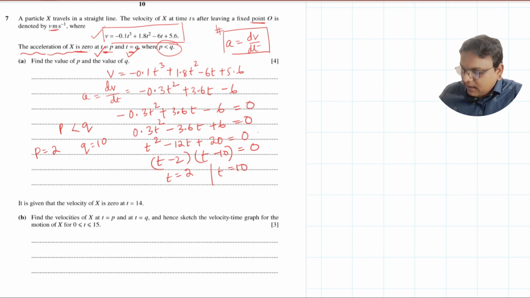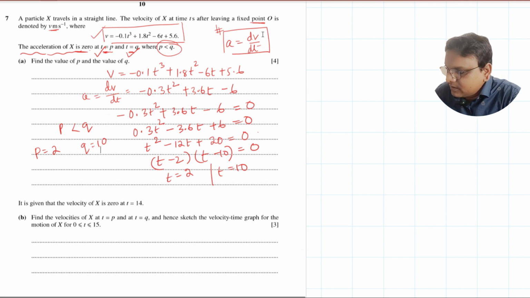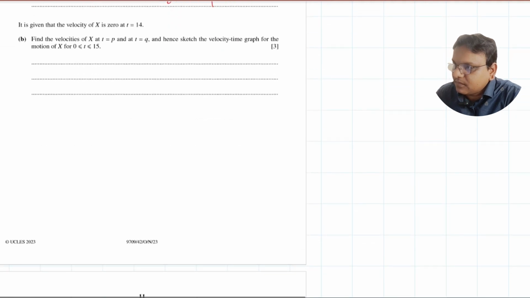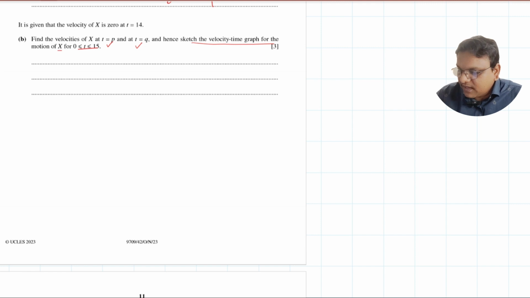Now next part. It is given that the velocity of x is 0 at t equal to 14. So find the velocities of x at t equal to p and at t equal to q. Hence sketch the velocity-time graph for the motion of x. See how to find this.